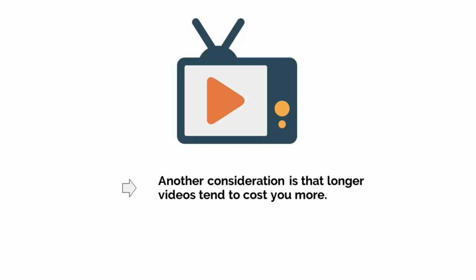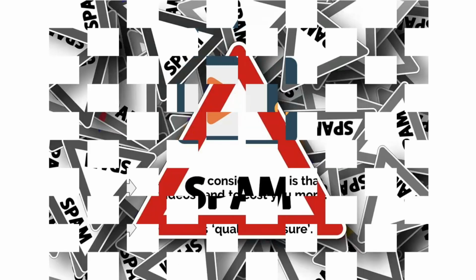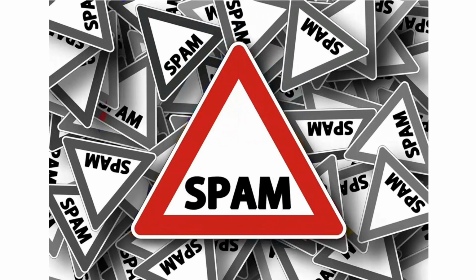Now, this might come as something of a surprise, seeing as your views are supposed to be calibrated via bidding, but it all has to do with a new feature, Google's quality measure. You see, Google doesn't want advertisers to be able to ruin its search engine or video service by creating spammy videos that are poorly made and promote low-quality products.